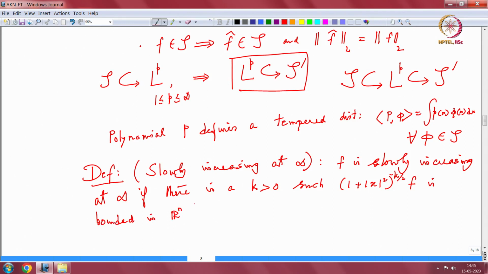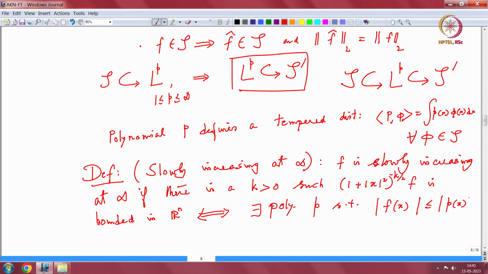This is equal to saying that f can't grow more than a polynomial. That is what it really is. Equivalently, there exists a polynomial p such that modulus of f(x) is less than or equal to modulus of p(x).